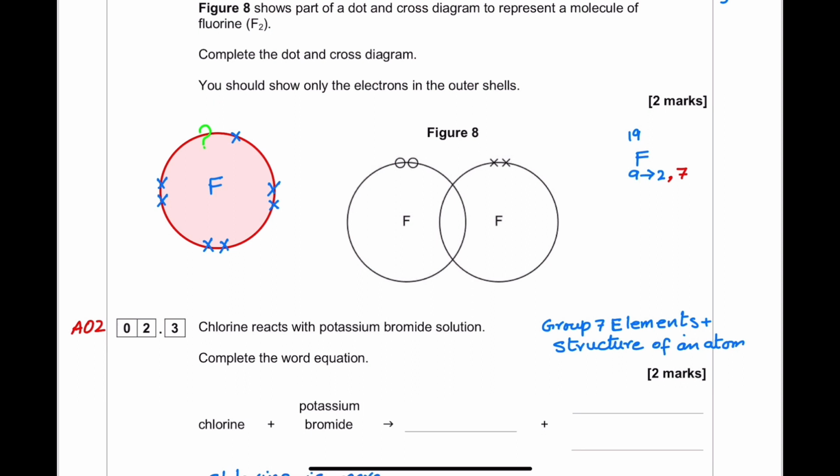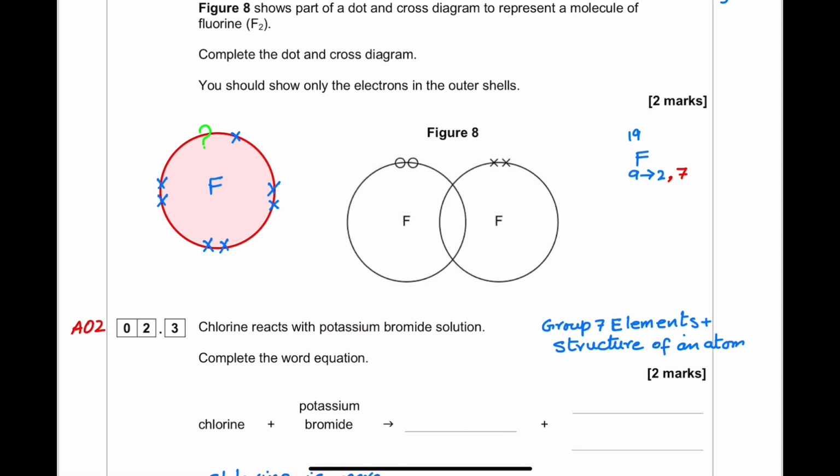If you look into our figure number 8, we need dot and cross. We have to complete our diagram. Here both are fluorine, so no one is going to lose the electron. So the only option left is they are going to share the electron. Each one has a shortage of one electron, so they will share one electron with each other.